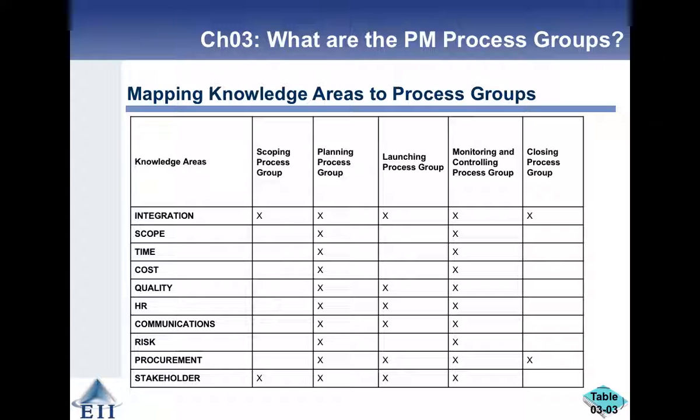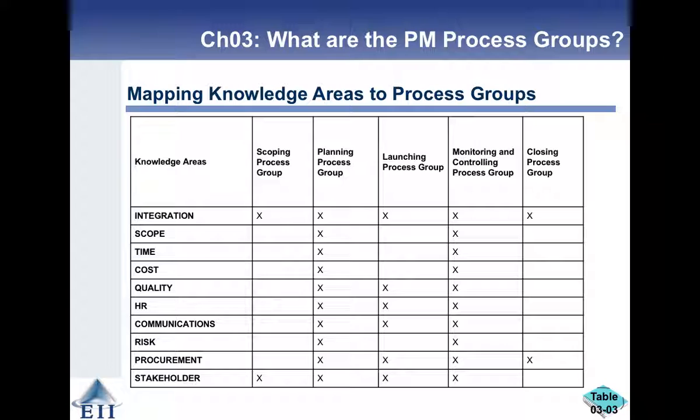So here's a map between the different knowledge areas in the column on the left and the different process groups across the top. Right? Integration we need to be happening in all 5 of them.